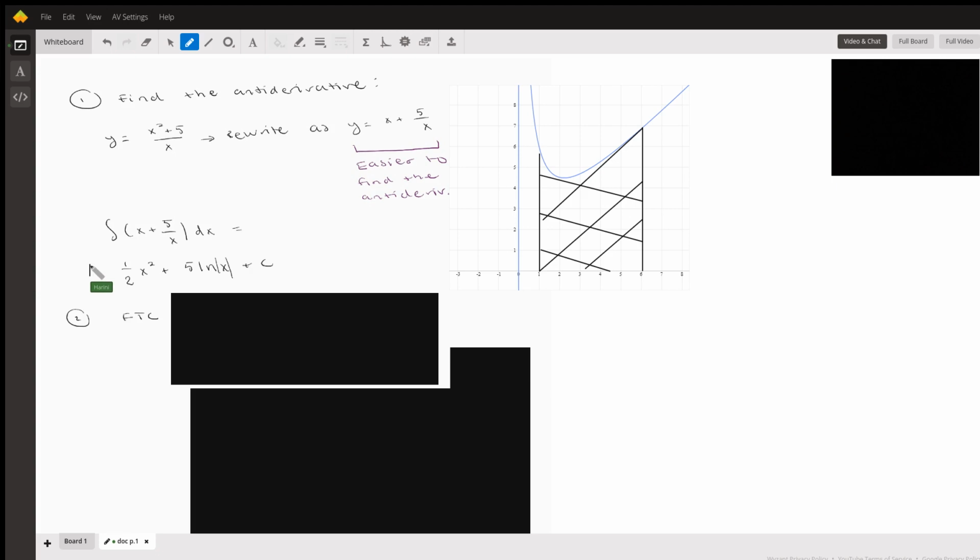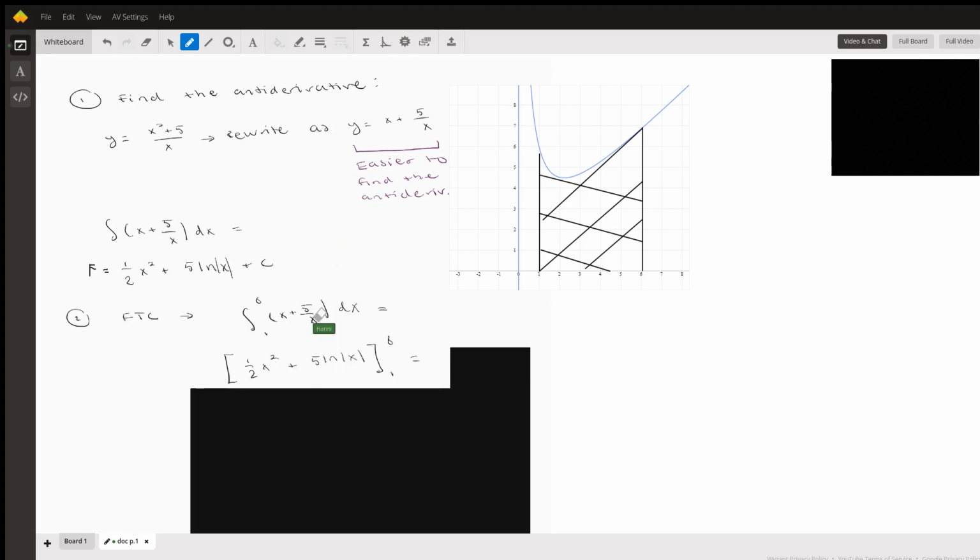Let's write that down. Okay, so f. This is really ugly, but hopefully you can see that that's an f. So let's just take the difference and find f of 6 minus f of 1. Because we know that from the FTC, that's the same as integrating the derivative function, right?